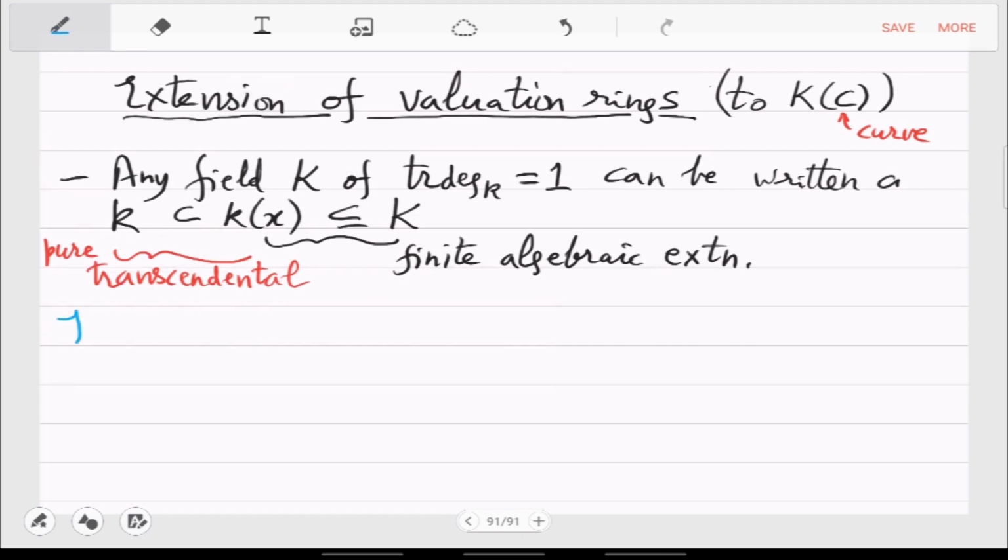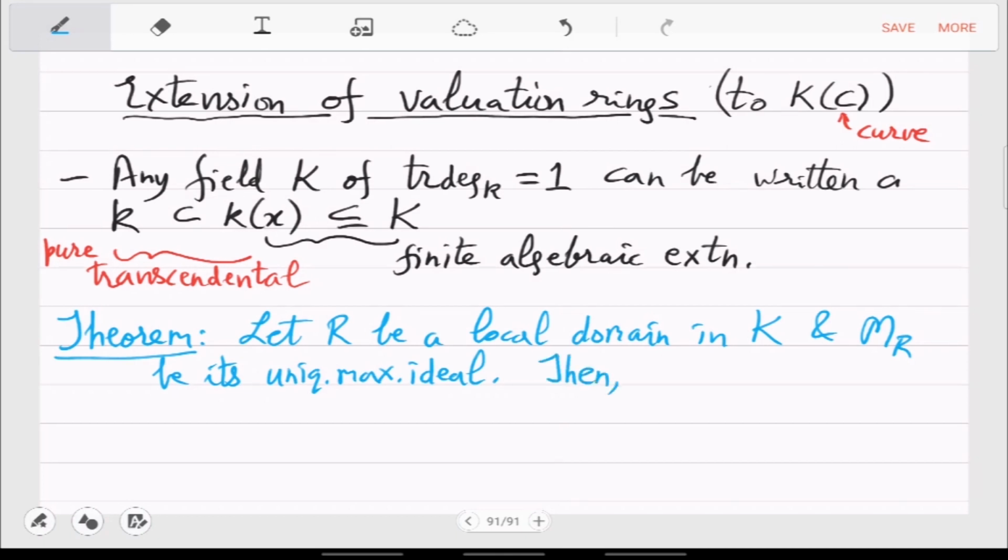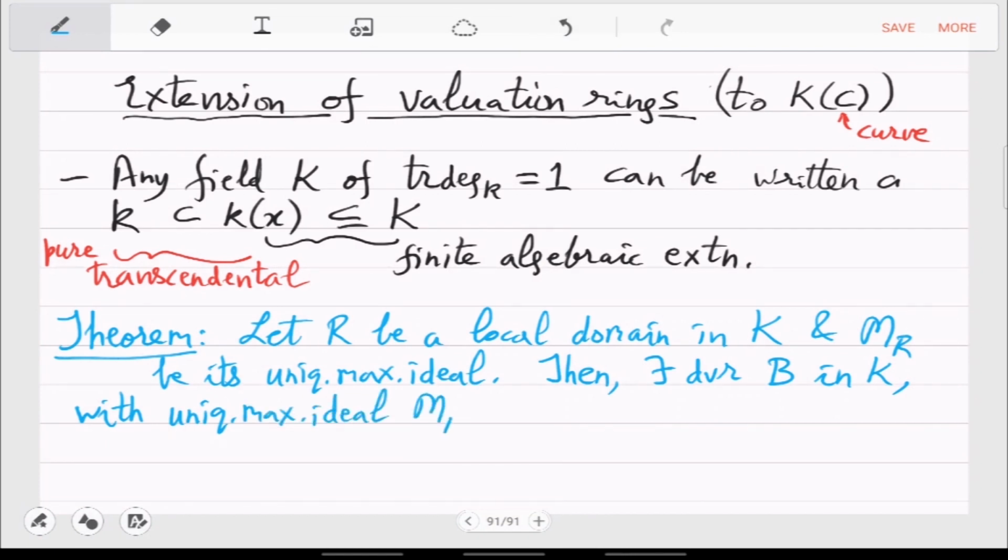And what we will prove is this theorem, that if R is a local domain in K, and MR is its unique maximal ideal, then there is a DVR B in K with the unique maximal ideal MB.